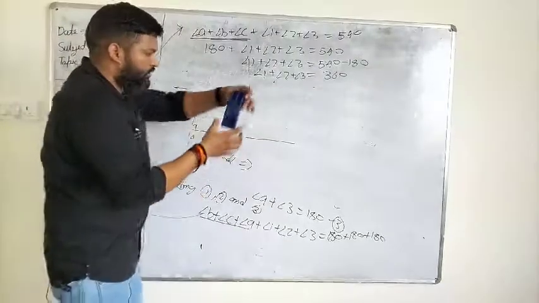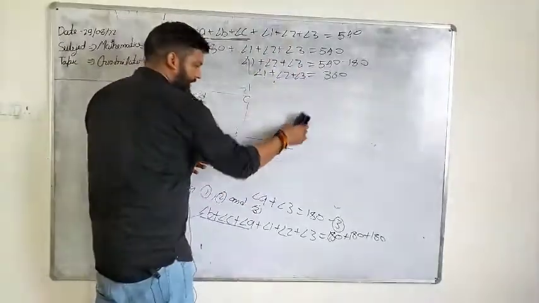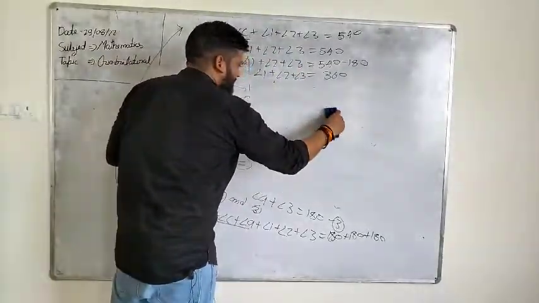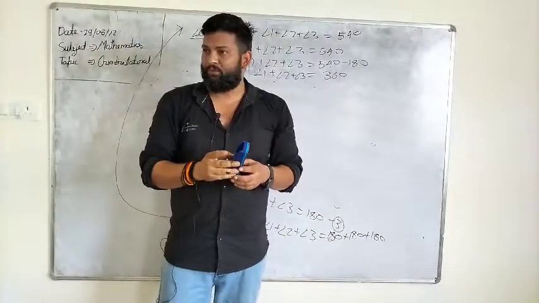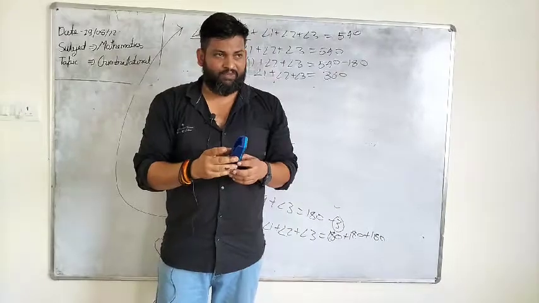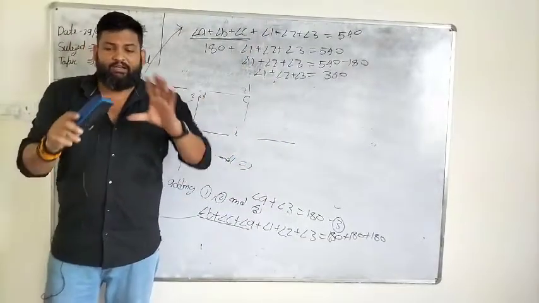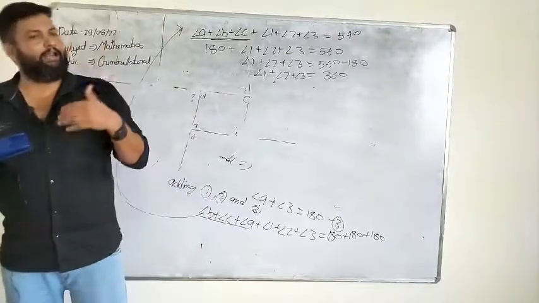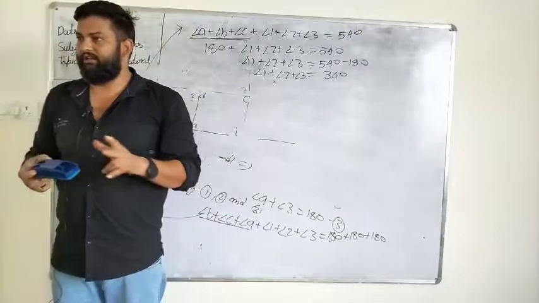So what is the rotation of this car? It means how many degrees this car rotates. This car rotates 360 degrees. So this way you can also say the sum of all exterior angles of any polygon is equal to 360 degrees.